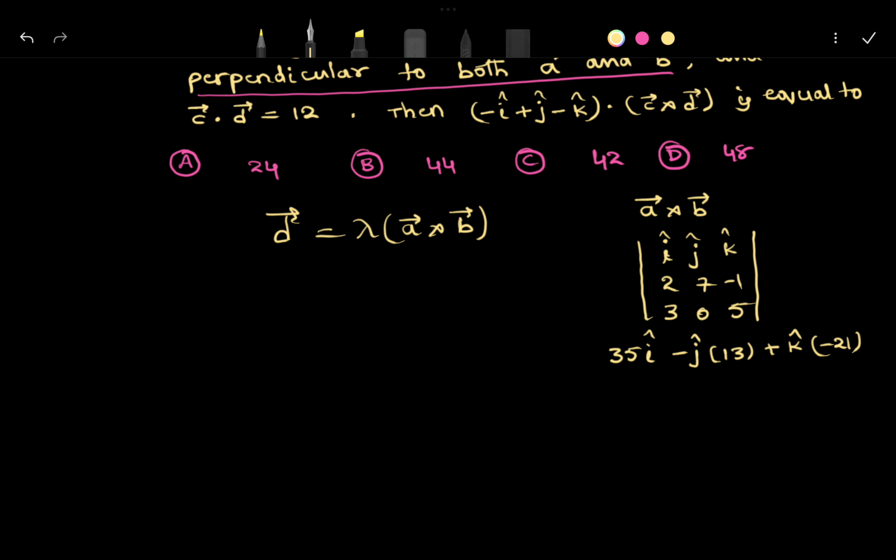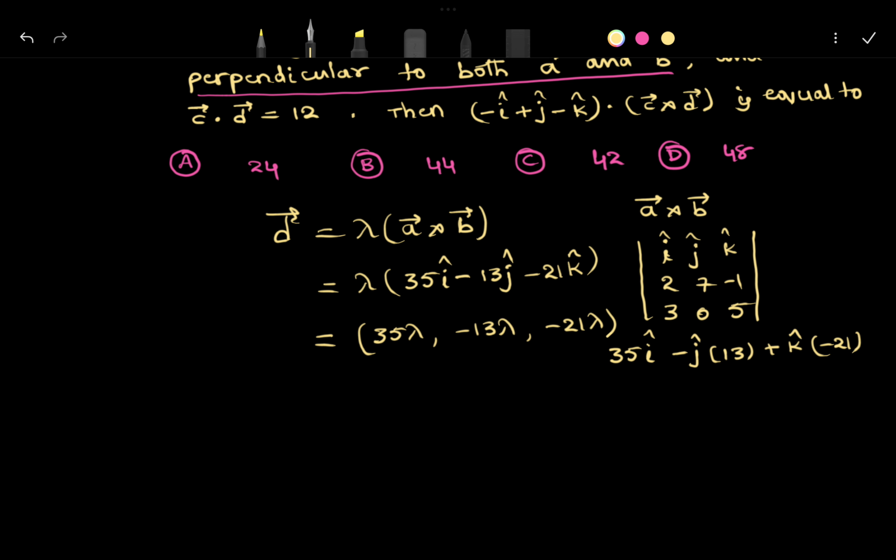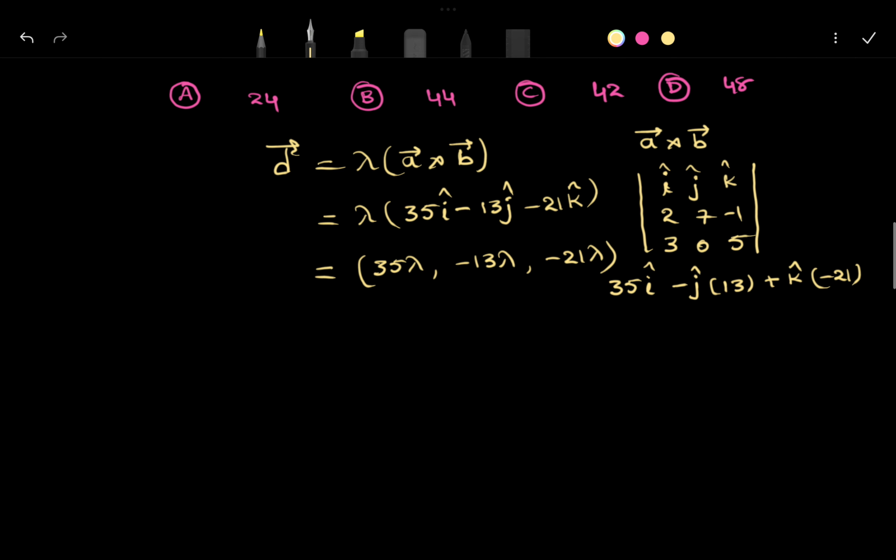So overall this value you can write as lambda into 35 i cap minus 13 j cap minus 21 k cap. We can write this as 35 lambda, comma, minus 13 lambda, comma, minus 21 lambda. You can write d bar as this one.